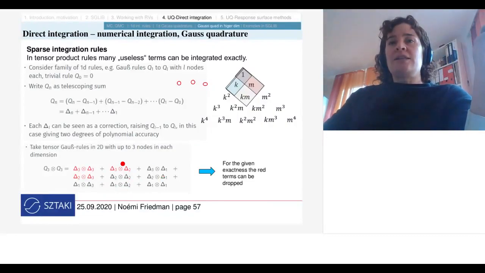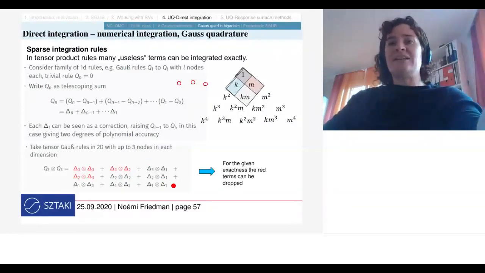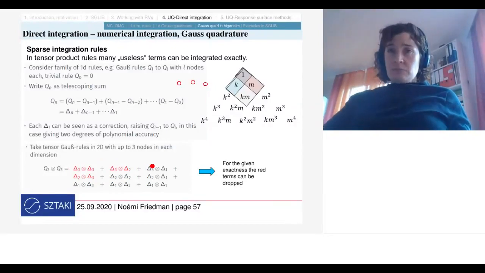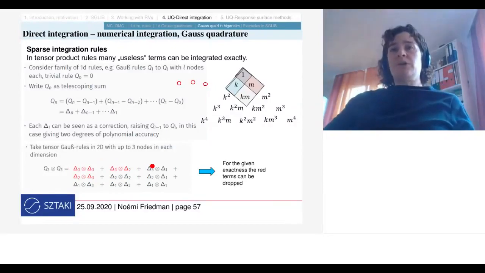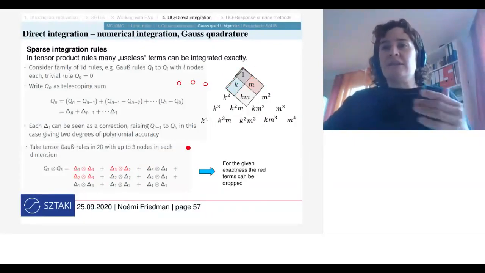And you can see that there is quite some number of points that you have to multiply either with negative weights or with positive weights, but there are plenty of terms that just simply fall out. So this way, you actually get a smaller number of points, but you can also integrate fewer polynomials, or less degree accuracy.